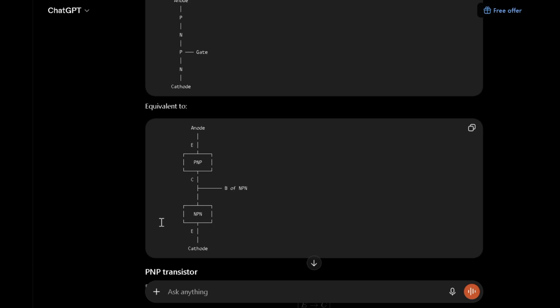Here we think of it like this: P is connected to N, it is in forward bias. The collector of the P is in forward bias with N, so current flows from P to N. So you should understand the PNP is connected to N. Here P to N is connected forward.